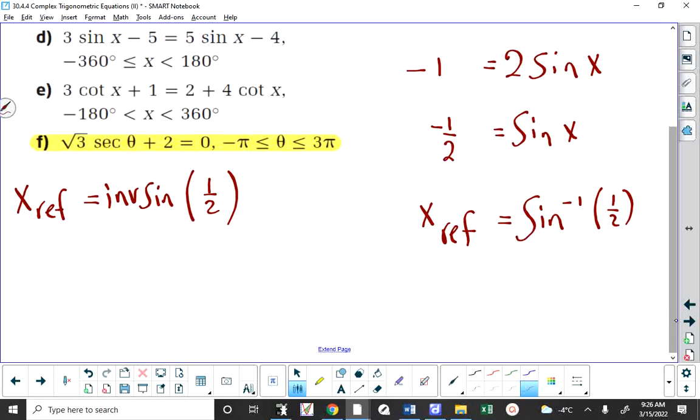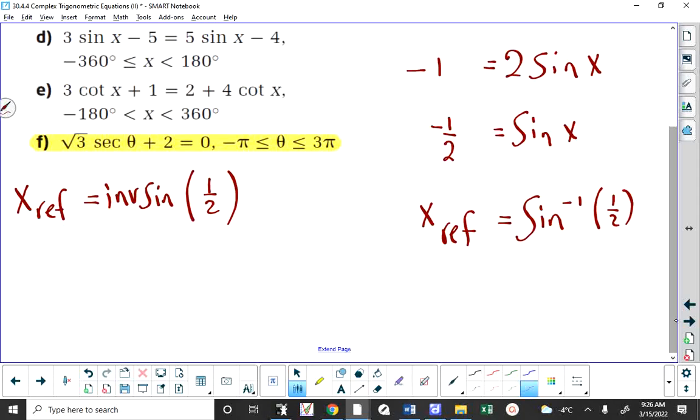It's not an exponent. Notice that I'm not including the negative in there. Now, whether we want to work in degrees or not for a final answer, we want to be in degrees to find the reference angle whenever we're talking about exact values. And do you get 30 degrees?